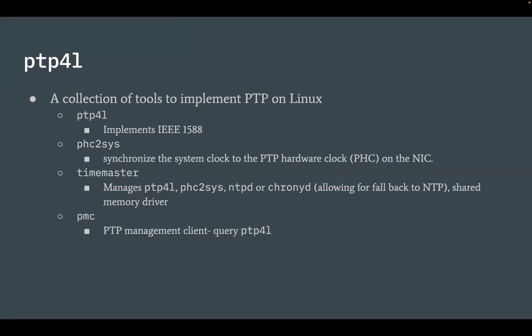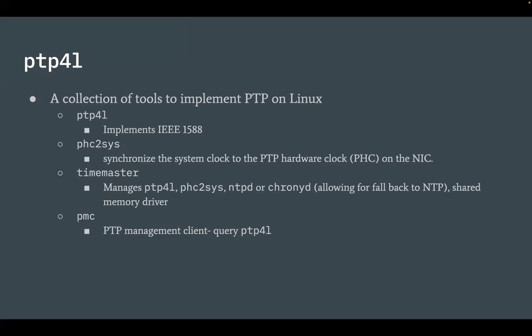TimeMaster manages all of this for you, which is pretty convenient. What it does is it will launch PTP for Linux, the PHC to sys, and either NTP or chronyd. And this is great because it allows for fallback to NTP in case PTP is either unavailable or unstable. The key here for when PTP is working as it should is the NIC.